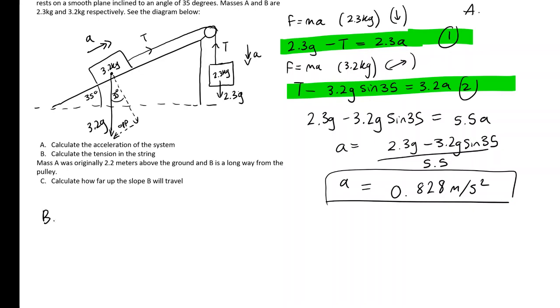So we just pick one of the equations. Let's pick equation 1, just because it has no trig in it. You could rewrite that as 2.3g minus 2.3a is equal to T, and that will give us 20.64.